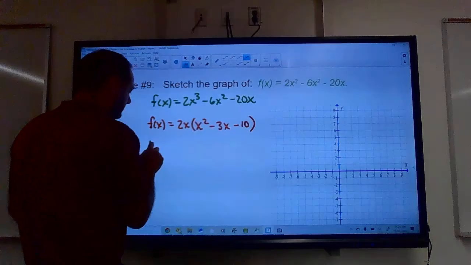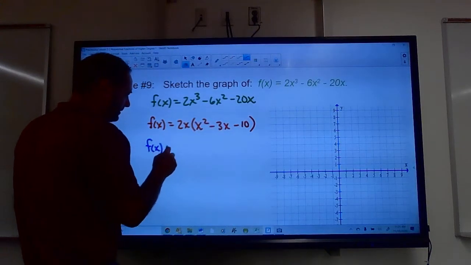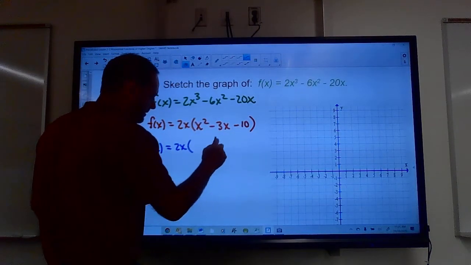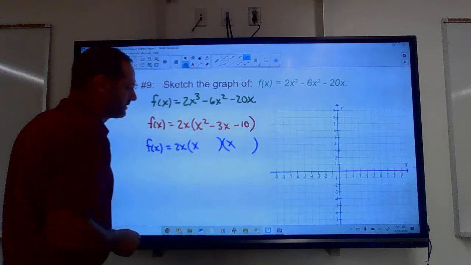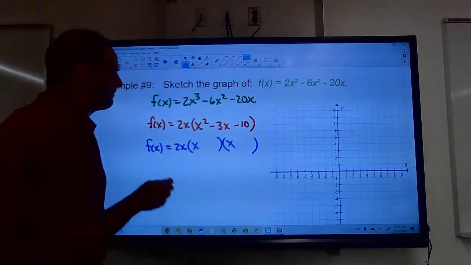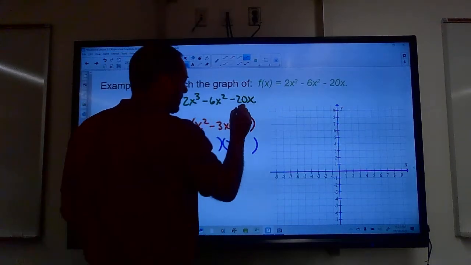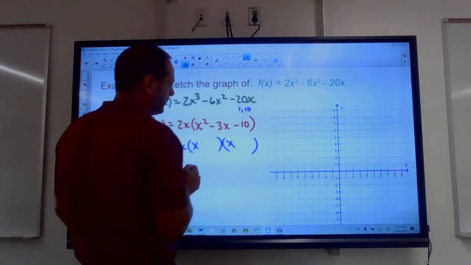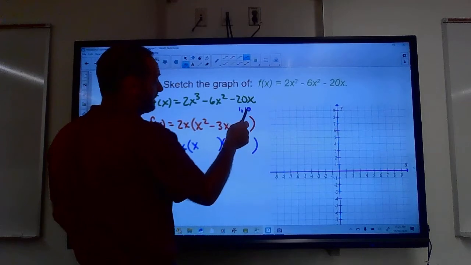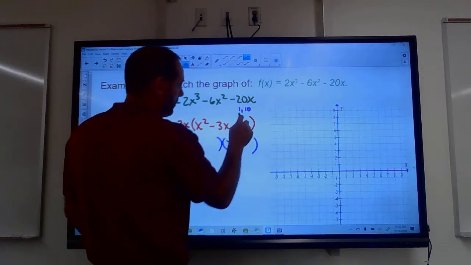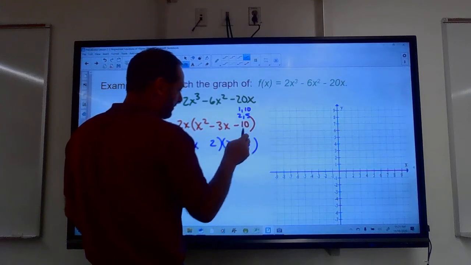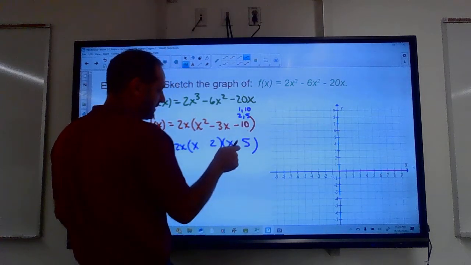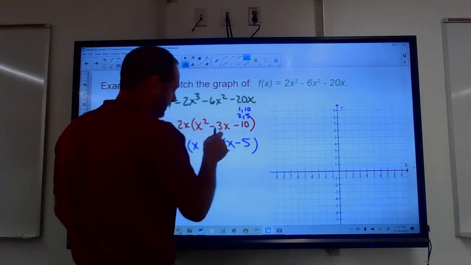I'm pretty sure I can factor that, so let's try to do that. Factors of x squared are x and x. Factors of 10 that make 3. So my choices are 1 and 10, which I can't make 3 out of 1 and 10. I can make 11 or I can make 9. Or 2 and 5. Okay, that looks like my winner because, let's see, negative 5 plus 2 would be negative 3.